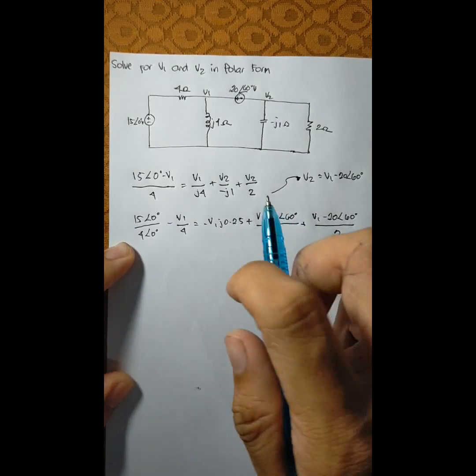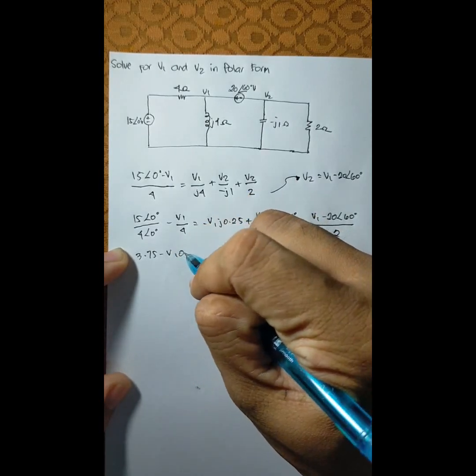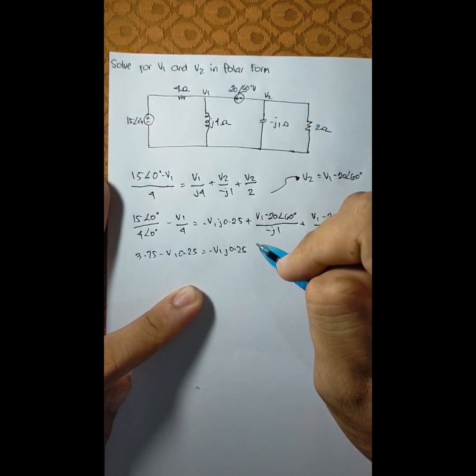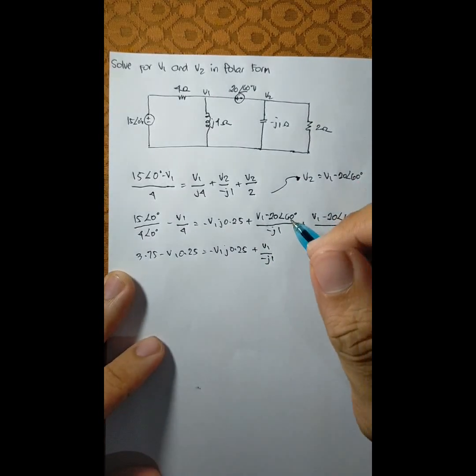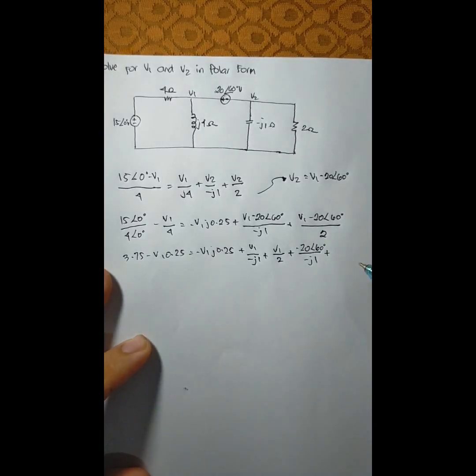So this can be equal to 3.75 minus V1 0.25 equal to negative V1 j0.25 plus V1 over negative j1 plus V1 over 2 plus negative 20 angle of 60 degrees over negative j1 plus negative 20 angle of 60 degrees over 2.